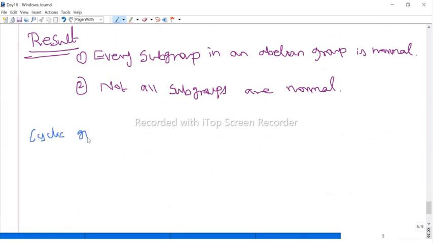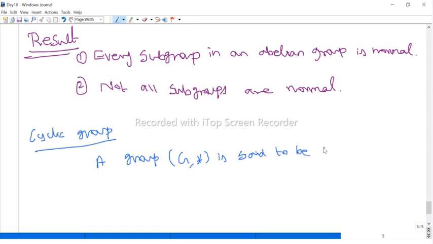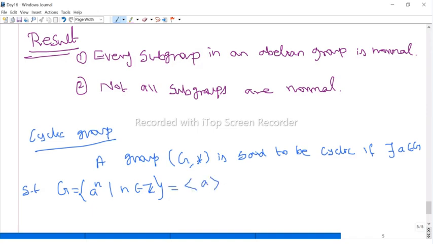So, a group (G, *) is said to be cyclic if there is an element a in G such that every element of G is a power of a, that is, G is the set of all a^n such that n is in Z. We can also write this in the notation ⟨a⟩.